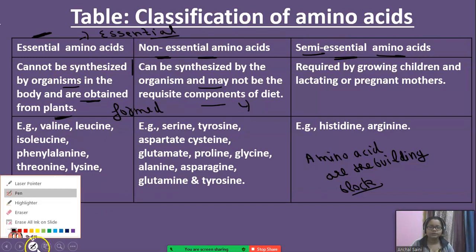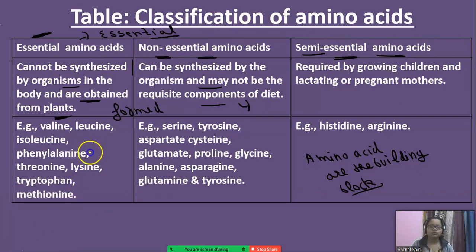Now, moving to our next part, we are dealing with the examples. So, what are the examples? Examples in case of essential amino acids are valine, leucine, isoleucine, phenylalanine, threonine, lysine, tryptophan and methionine. Now how can we remember these examples?